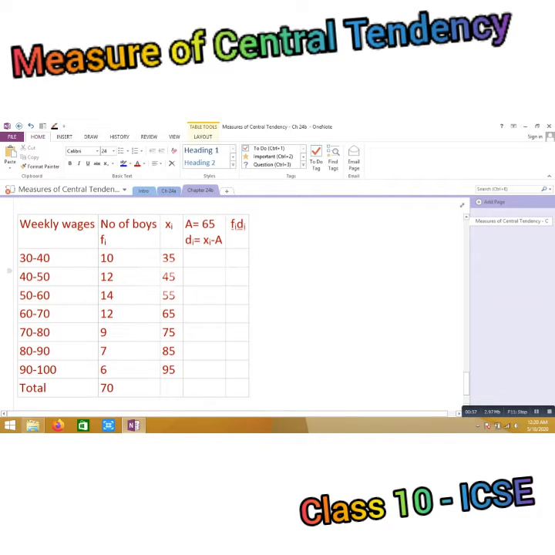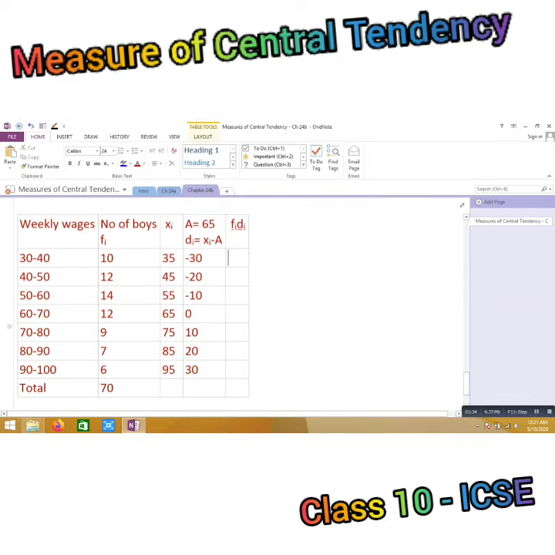Now we need to find the difference, xi minus A. 35 minus 65 makes minus 30. 45 minus 65 makes minus 20. 55 minus 65 makes minus 10. 65 minus 65 is 0. 75 minus 65 is 10. 85 minus 65 is 20. 95 minus 65 is 30. Now we need to find the product, fi di.